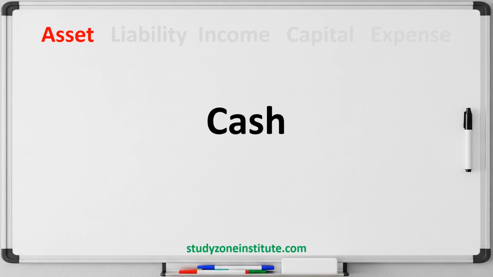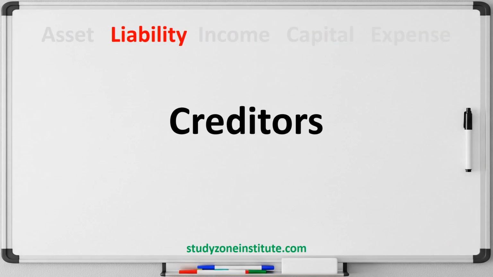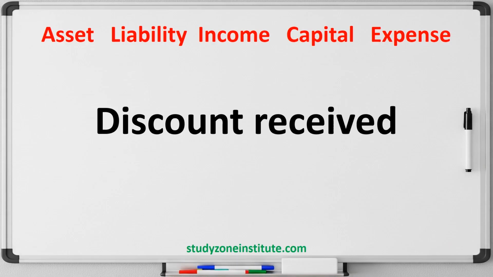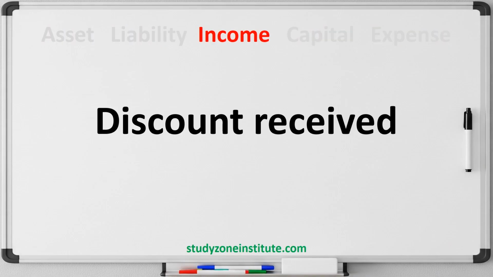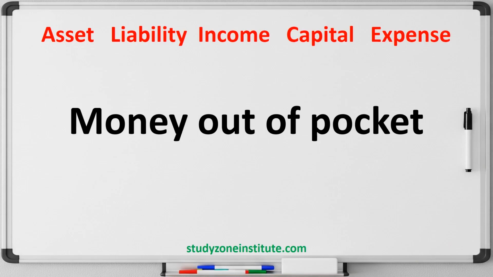Asset. Creditors. Liability. Discount received. Income. Debtors. Asset. Money out of pocket.